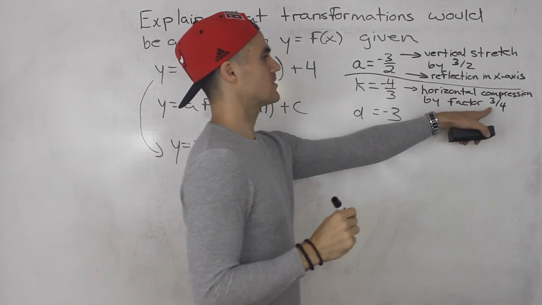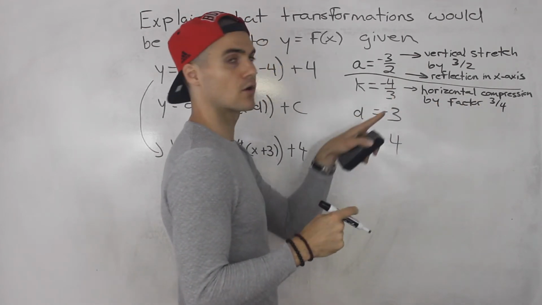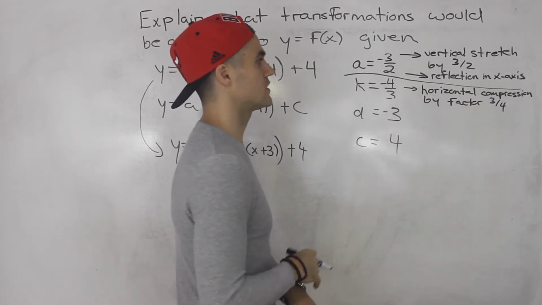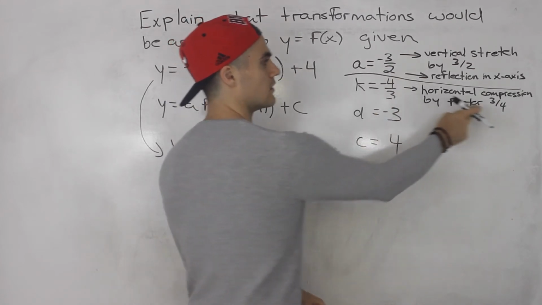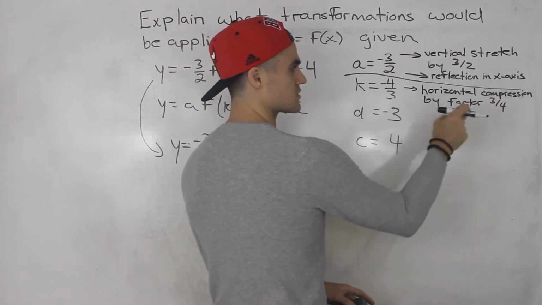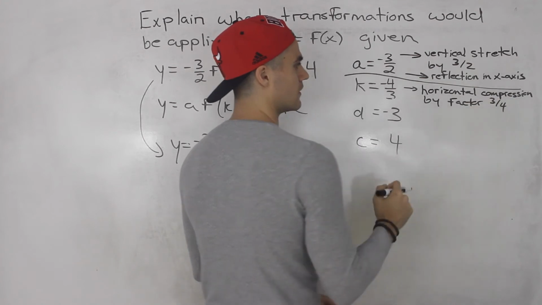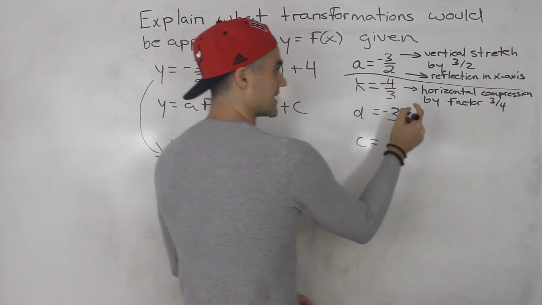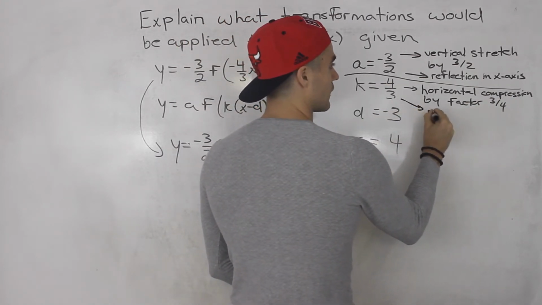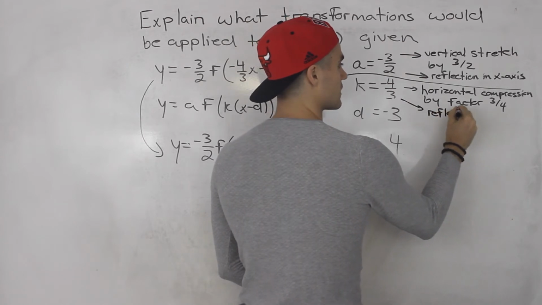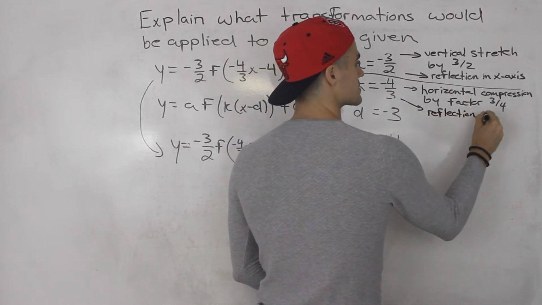Right, so the factor and the k value, they're always the reciprocals of each other. So 4 over 3, 3 over 4. 3 over 4 is between 0 and 1, so it's a compression. And then it's negative, so we also know that there's a reflection. When the k value is negative, there's a reflection in the y-axis.